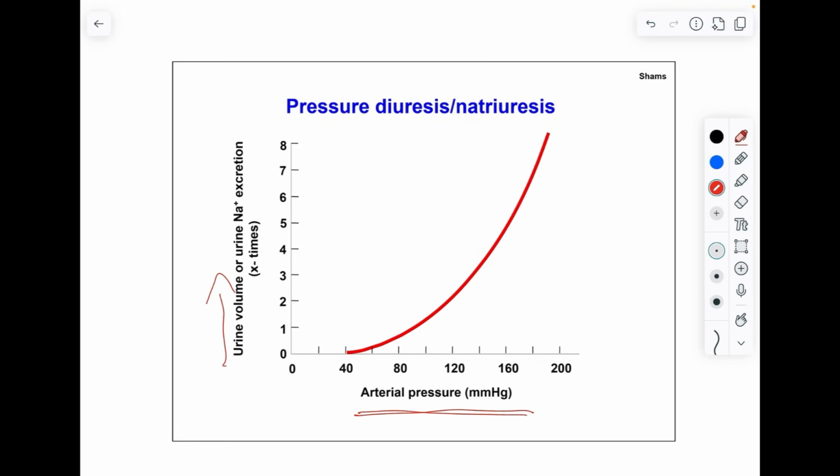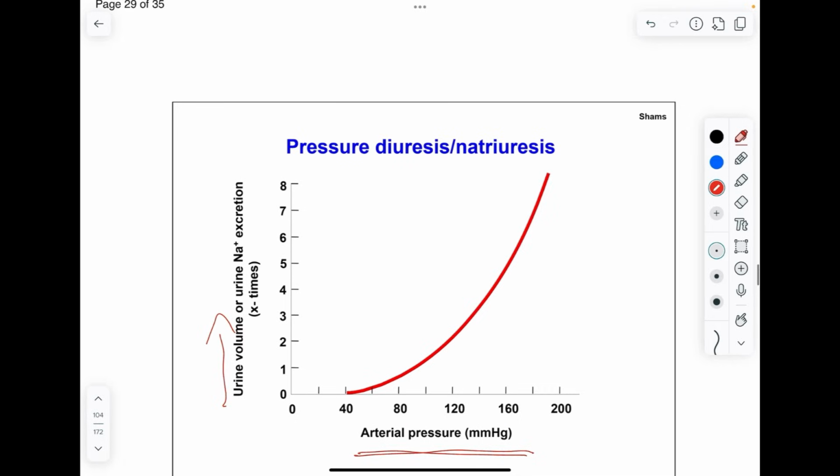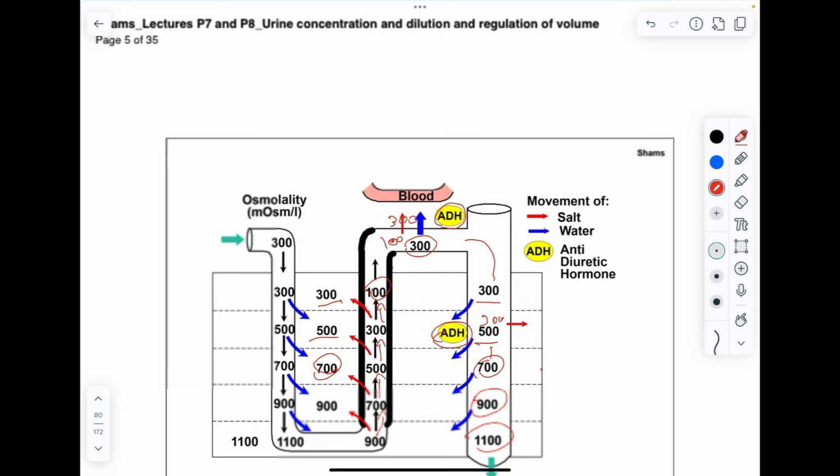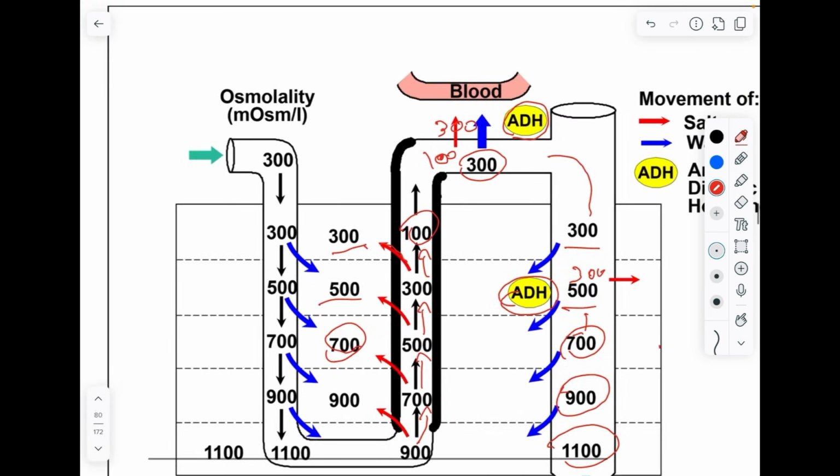When you have high pressure in the vasa recta and high flow, you are washing out the solutes in the interstitium. It's better if I go back to the earlier slide. If you wash out the solutes, you get rid of this hypertonic interstitium. So it's here 300, right?